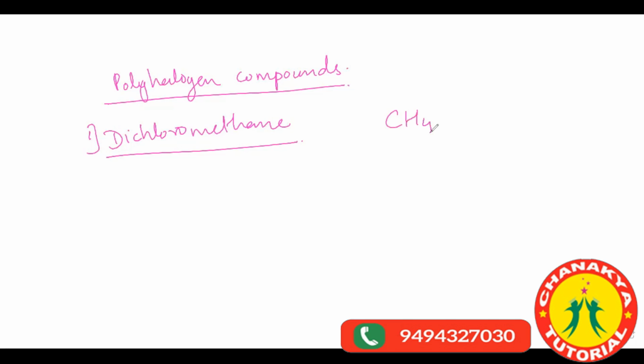This is your methane group. From methane, if you remove two hydrogens and replace them with two chlorines, you will get CH2Cl2. This is dichloromethane.